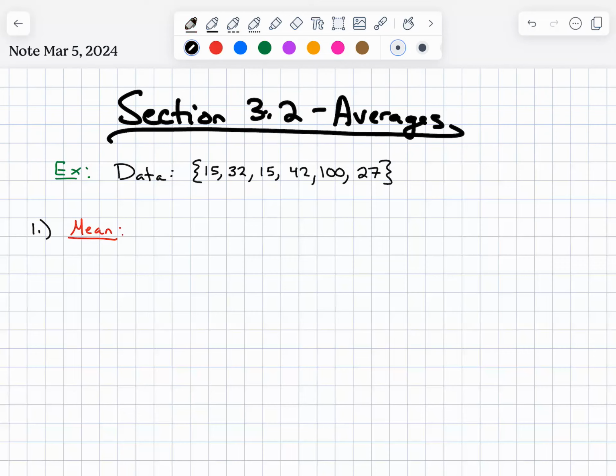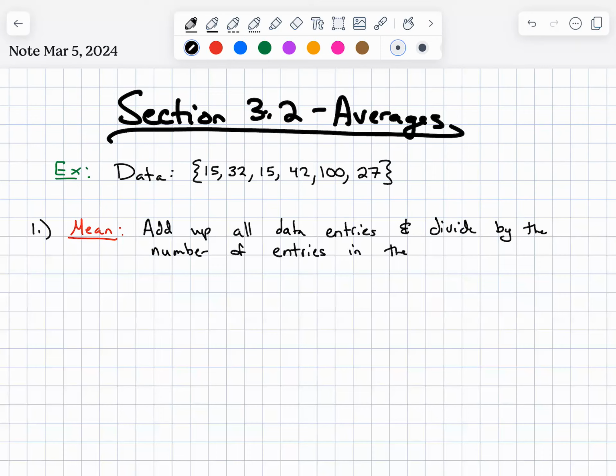The way we calculate this is you add up all data entries and divide by the number of entries in the set. This is what most people refer to when they say average.